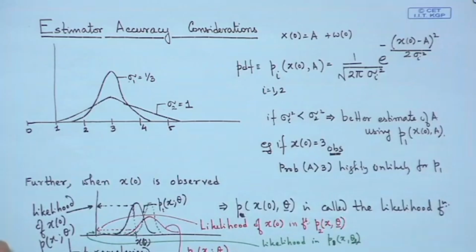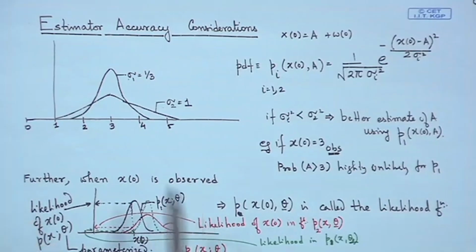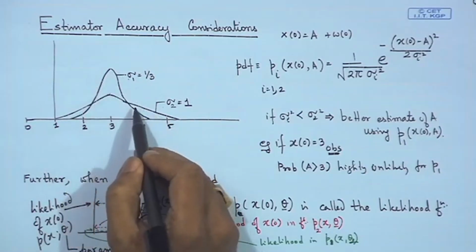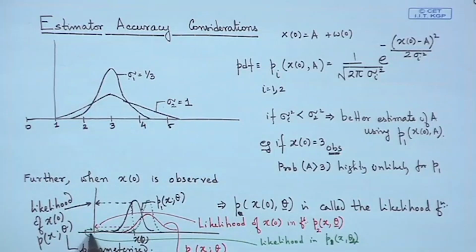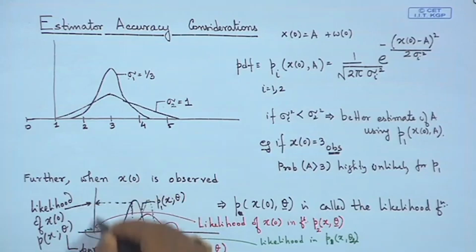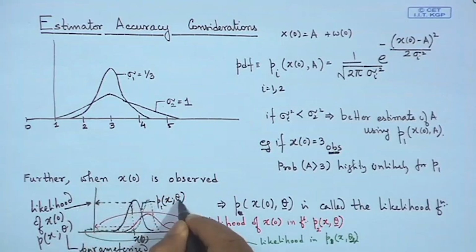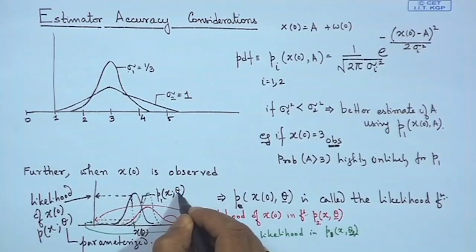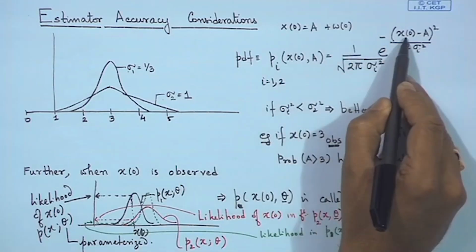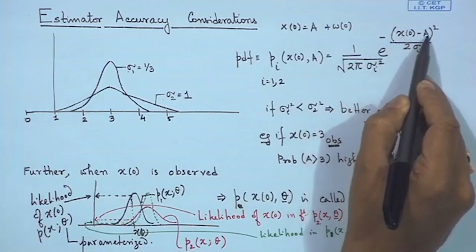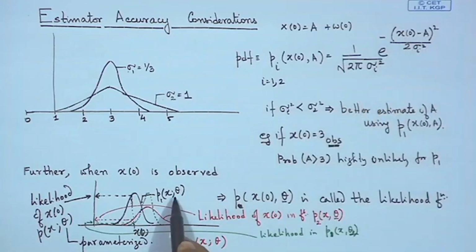So, for example, of course, we call this the likelihood function, as we have mentioned before, and we would like to consider the x0, that is the observed variable, and this is the PDF parameterized by the unknown parameter along with the observed data. So, I have the PDF function, which is let us say this, I have observed this, I will put this here, and A is to be estimated, which is given as theta over here.